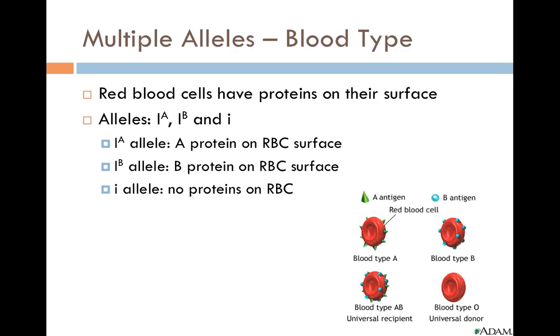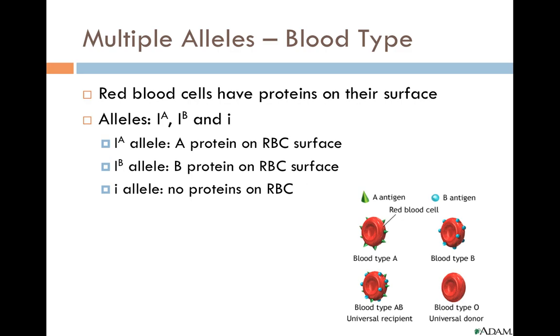But what's interesting is when we get to type AB, they actually make both. Like equally, they express A proteins on the surface and B proteins on the surface. So that's actually codominance. So A and B are codominant with each other. If you inherit both of them, you will express both of them together. And blood type O, no proteins on the surface at all.